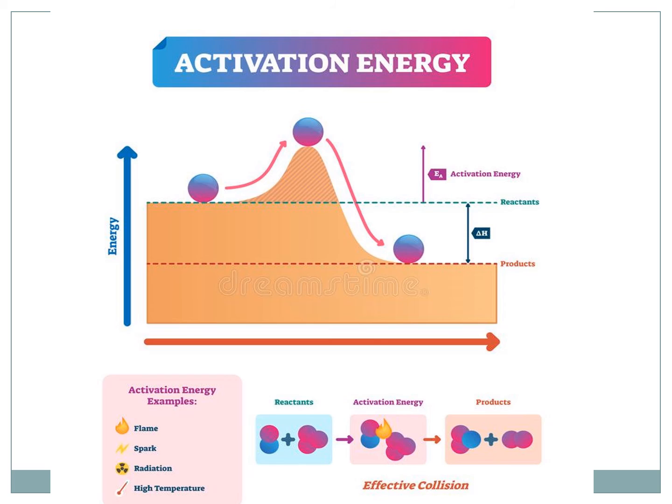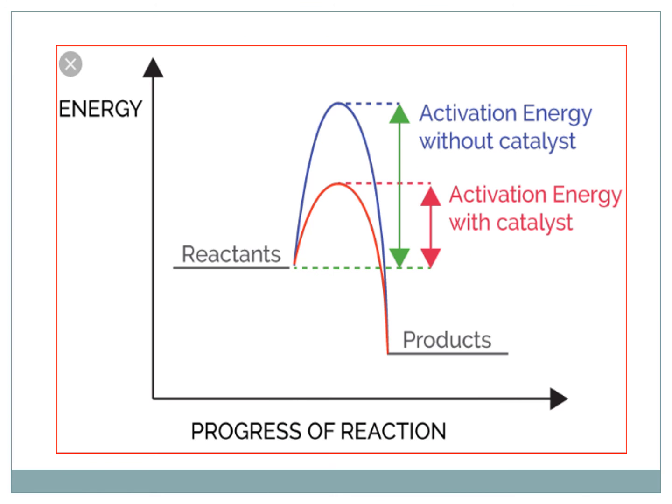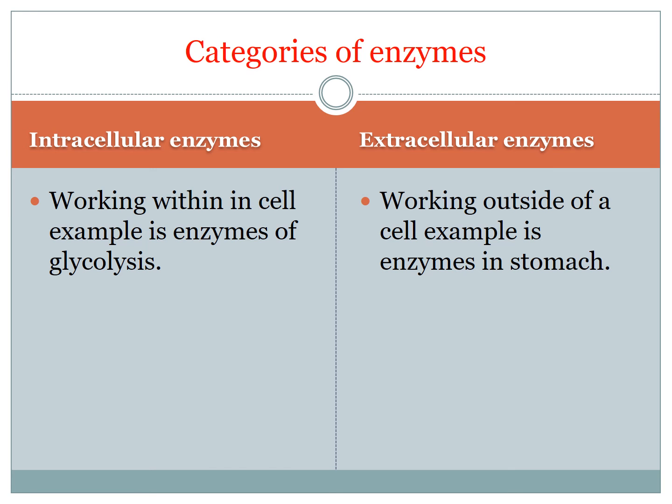On the other hand, if we have an enzyme, the substrate will be broken down in a very short period of time. So the enzymes are going to save our time as well. This is another diagram which shows the progress of a reaction with a catalyst, with an enzyme, or without a catalyst, without enzymes.